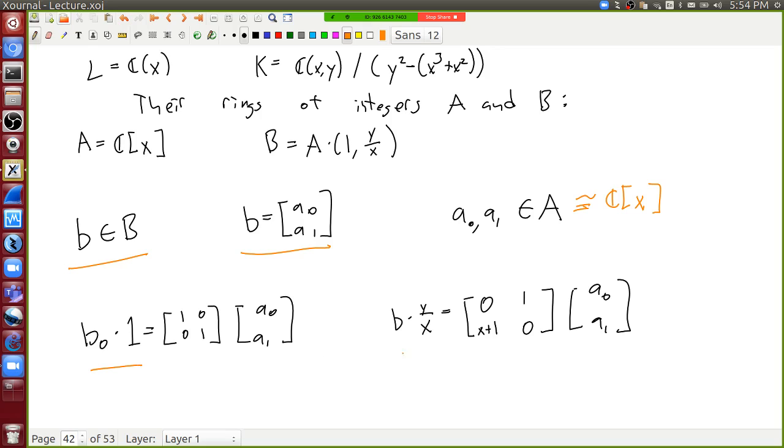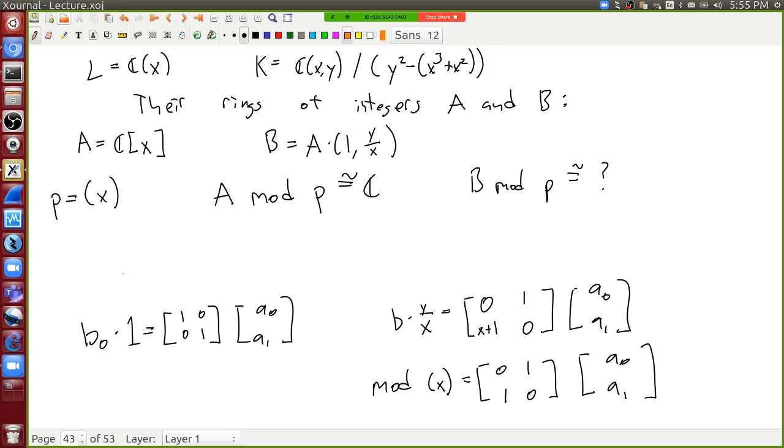How do I multiply by 1? How do I multiply by 1 over x? Multiplication by 1 is just the identity right there, and multiplication by 1 over x is the calculation I did on the last page, only now I'm expressing it as a matrix. And once I've got this in matrix form, first of all, I can just reduce modulo the prime now. Let's say P is x.